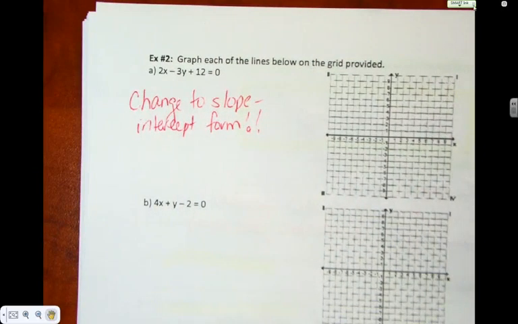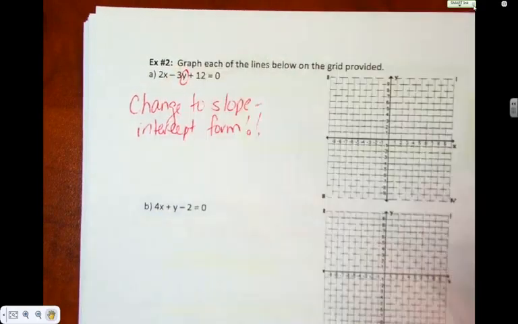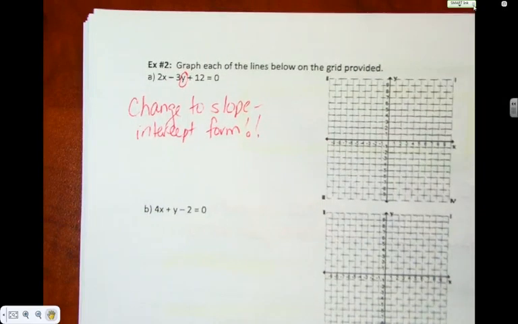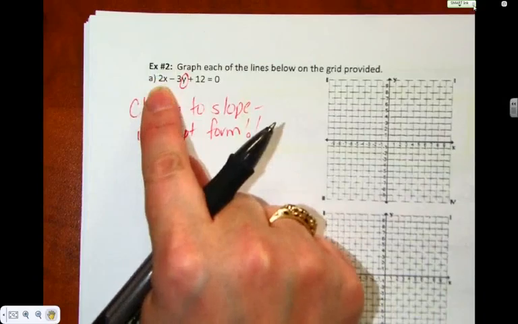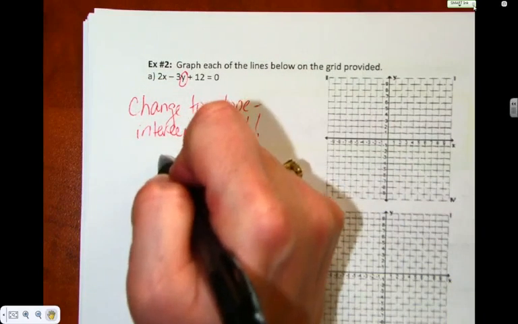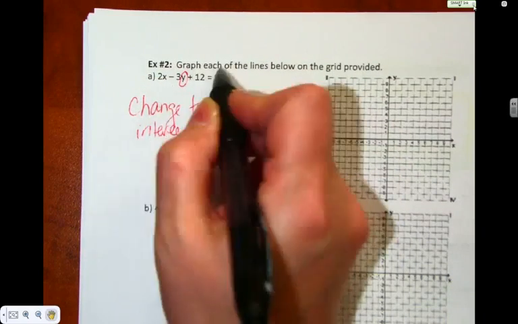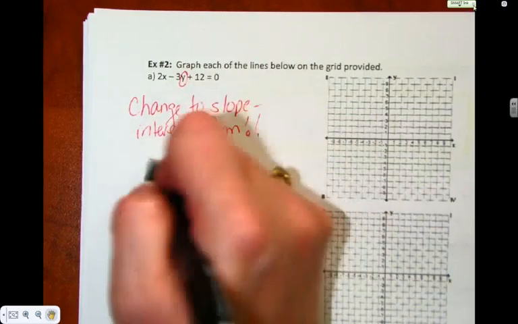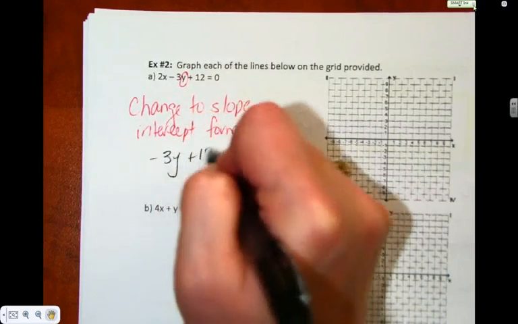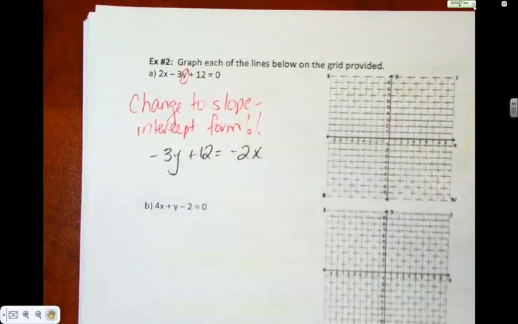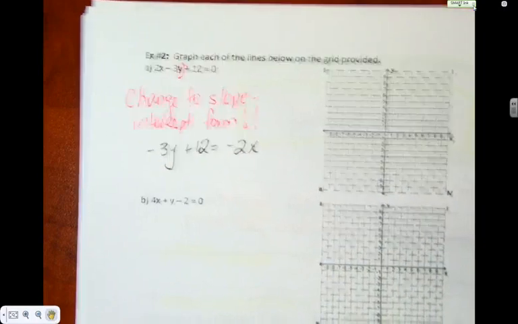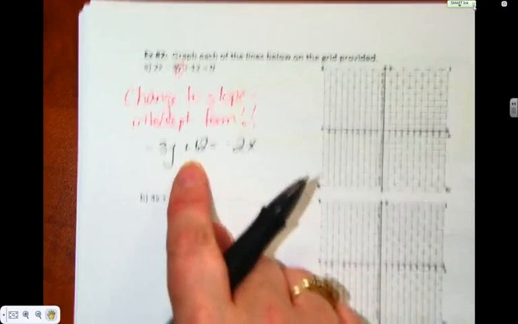What is slope-intercept form? Y equals mx plus b. So we want to get the y by itself, just like every other equation we've graphed so far in this unit. How do I get rid of 2x? Minus 2x. How do I get rid of plus 12?